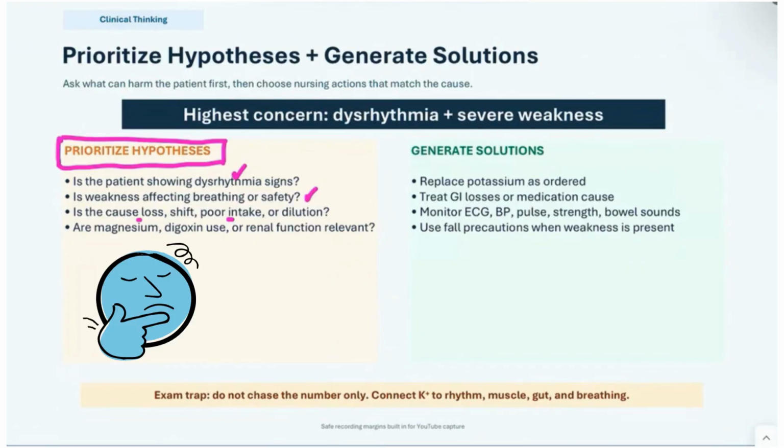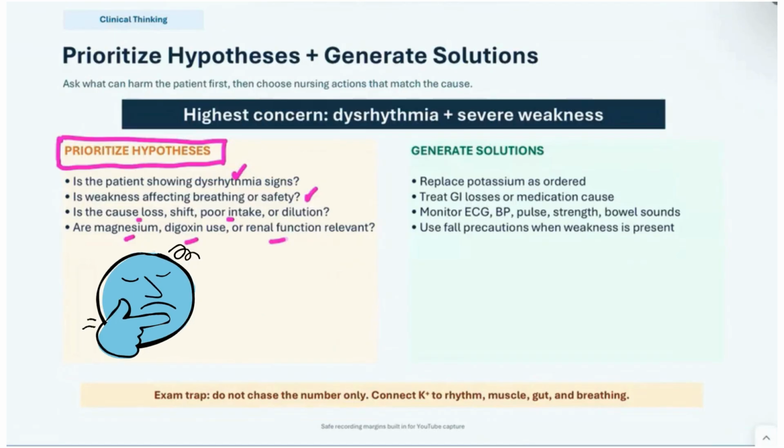And do not look at potassium by itself. Check other electrolytes. Check whether magnesium is also low, whether the patient takes digoxin, or whether renal function may affect how you manage the potassium.